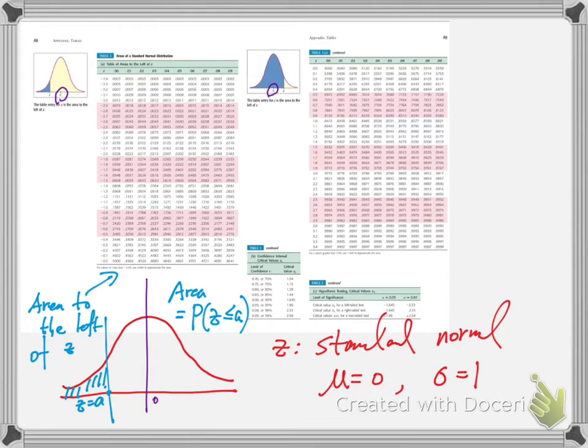Now the yellow part is the area to the right of the cutting line. To the right means greater than, so this is Z greater than or equal to A. It's 1 minus the blue area, since the total area is 1.